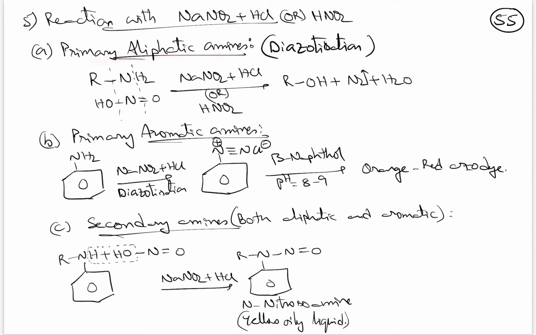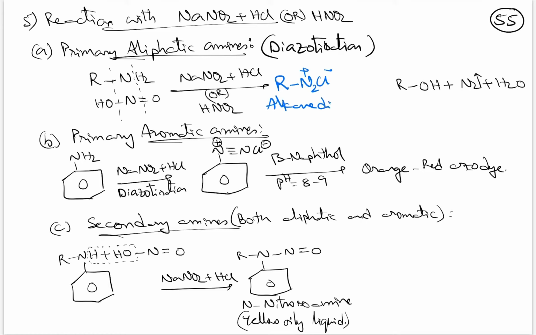So here when primary aliphatic amines are treated with HNO2, the diazotization reaction happens, and that forms RN2 plus Cl minus, an alkane diazonium salt, which is highly unstable.